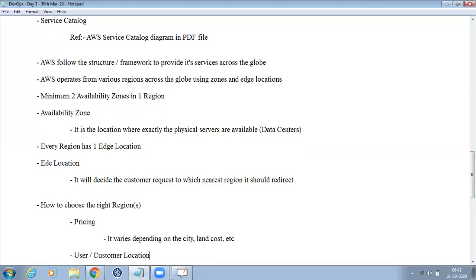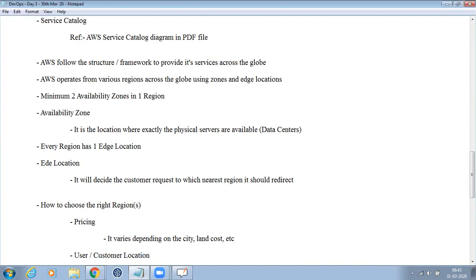Of course I can, but to have a better performance, we have to see where my customers are based out of, in which country they are from, in which city, in which continent. So this is very much important.